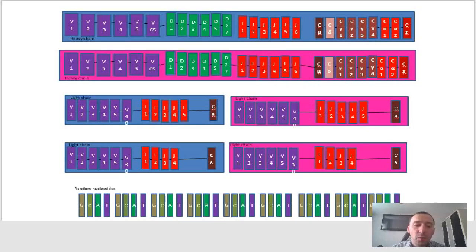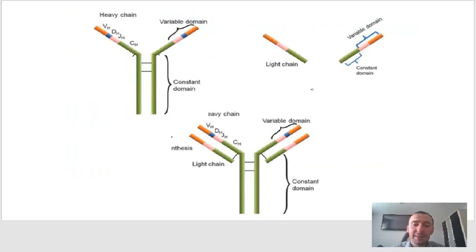Now, we also have random nucleotides which will come into play later on at another stage. Okay? So that's what we have to appreciate. So this slide is to highlight where these heavy chains are useful. So here in the green, you can see the two heavy chains. Okay, the green component of the heavy chain is the constant region.